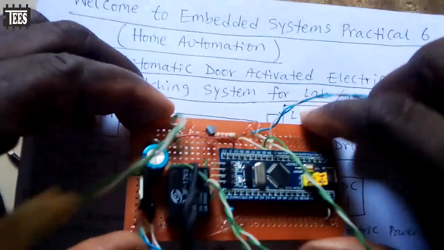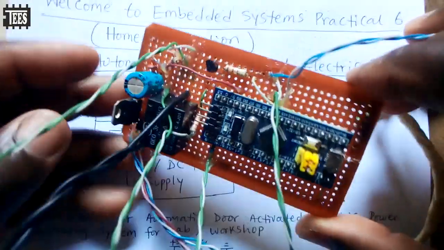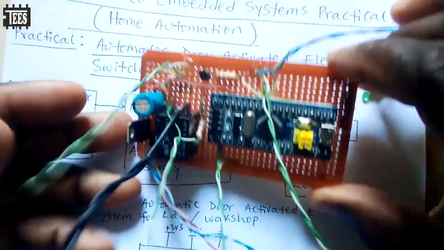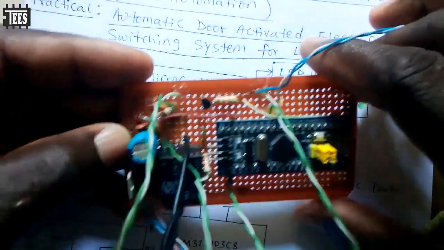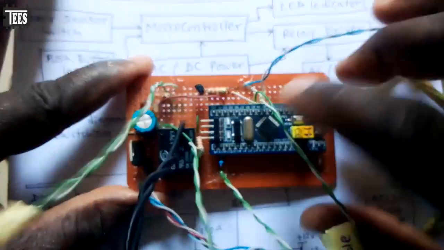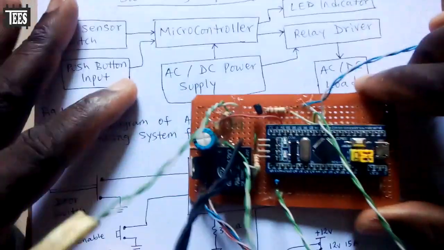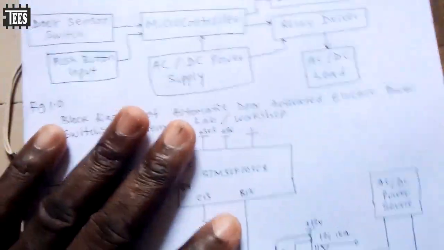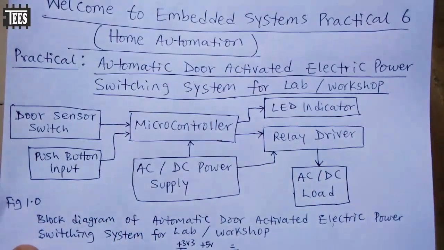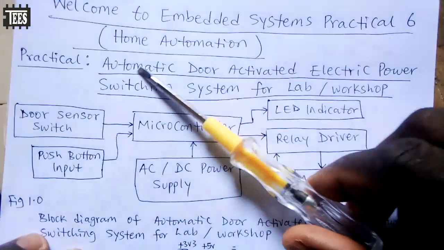So what you are seeing here is a completed hardware, and I've also finished the software and uploaded the program here. So let's take a look at this. Now before we go further, I'm going to explain what this system does.